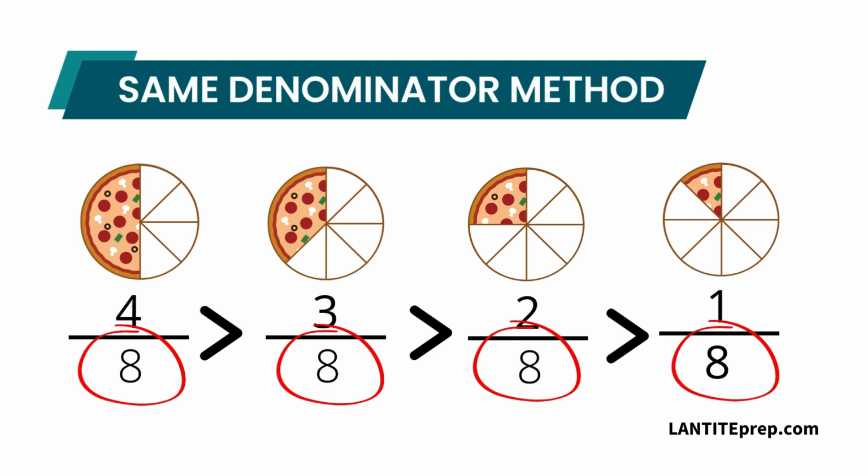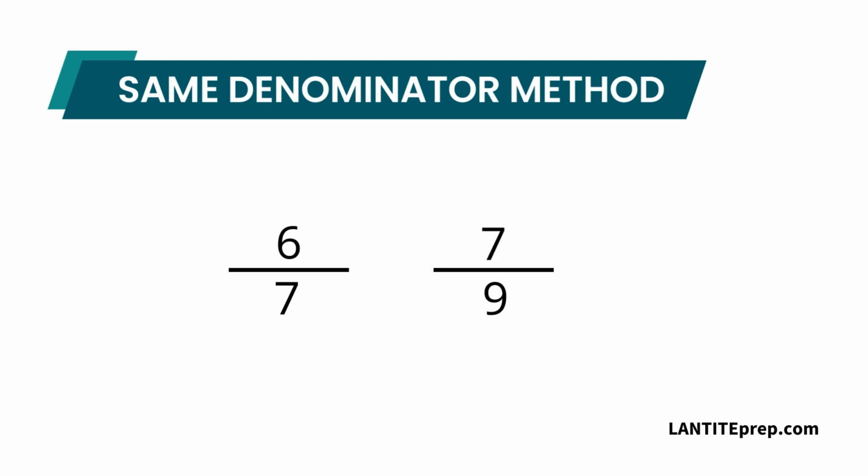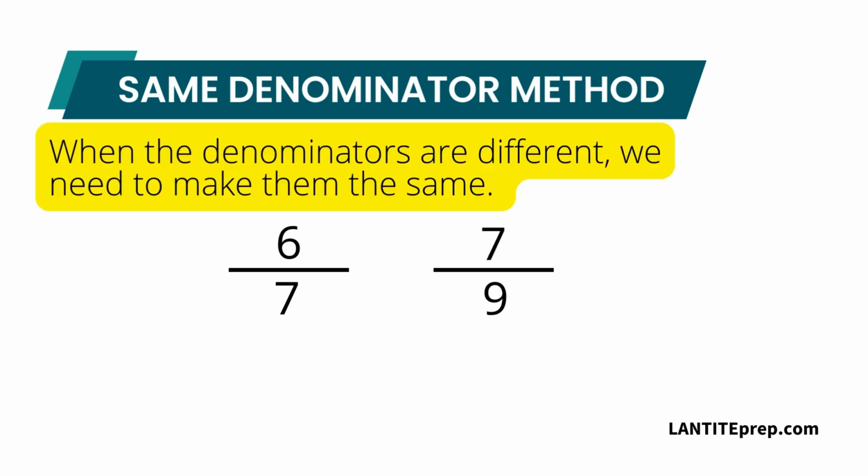But how about back to our original problem to see which is bigger, 6/7 or 7/9? When the denominators are different, we need to make them the same by finding a common denominator. To do so, find a number that both denominators, in this case 7 and 9, go into equally. That number is 63.